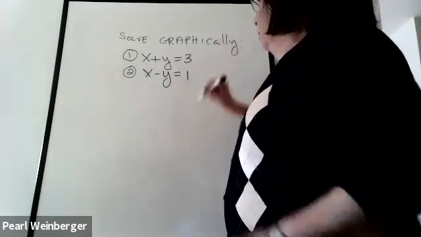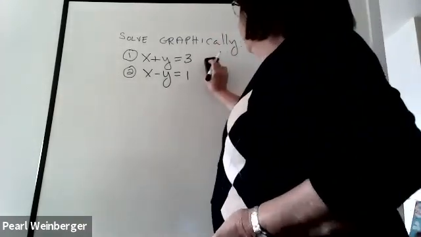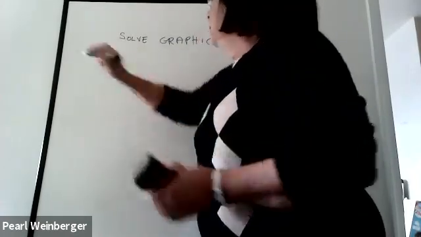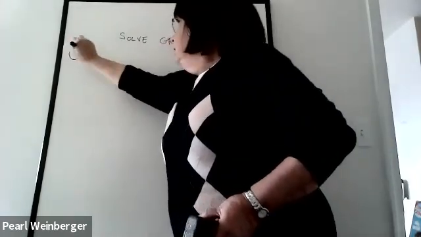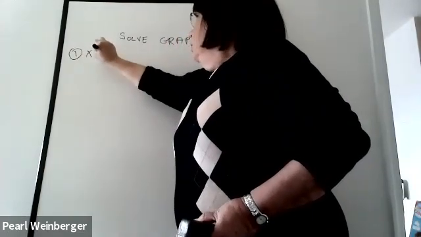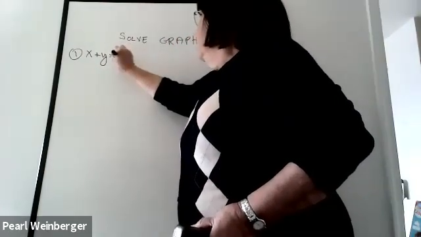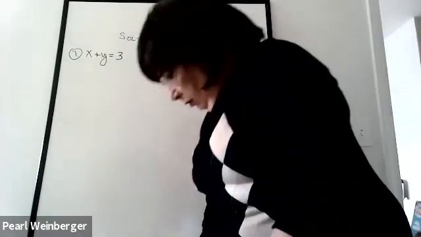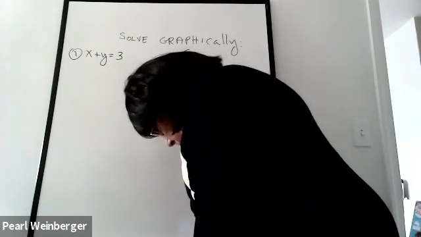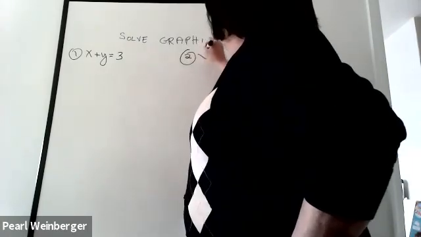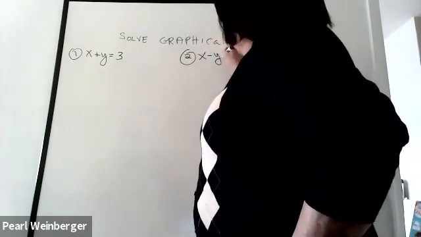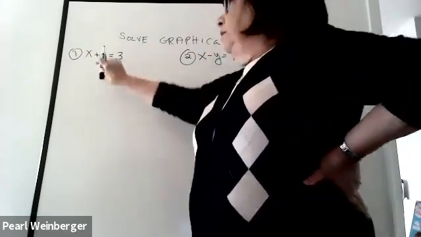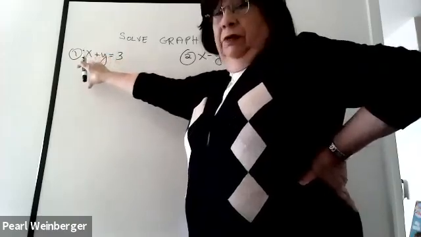I'm going to put number 1 is x plus y equals 3. And here's going to be equation 2, so I can work underneath it, which is x minus y equals 1.